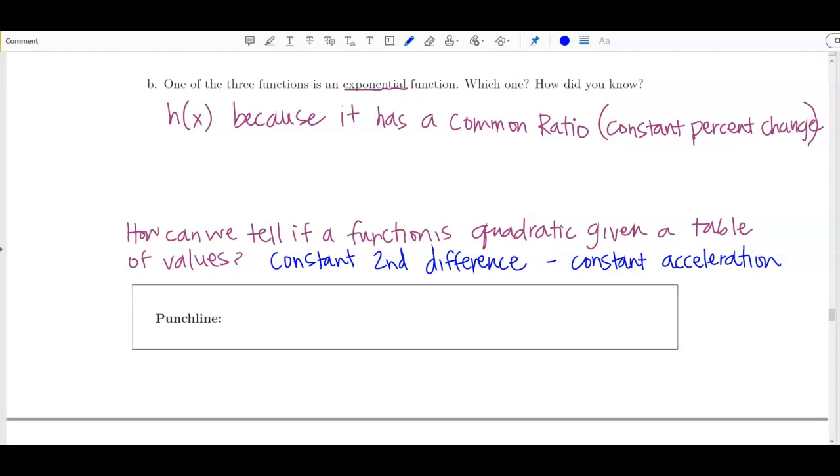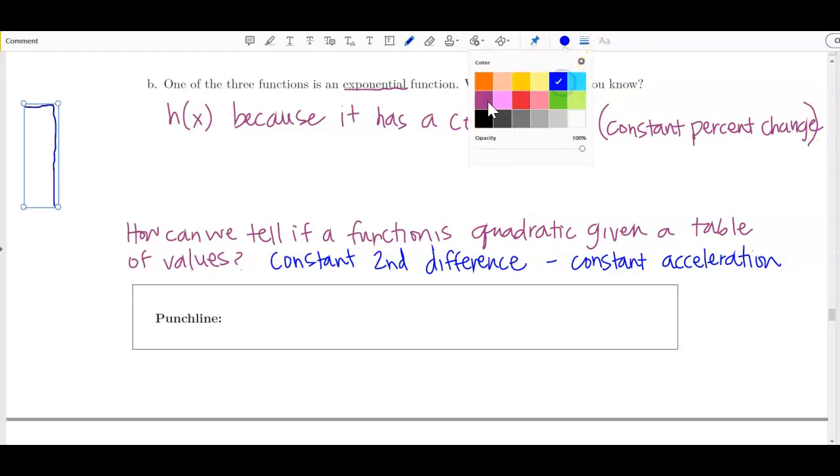I'll make a little cute picture over here to help you see what I mean. So say that this is my cliff that I'm going over, and maybe there's some water down here at the bottom.